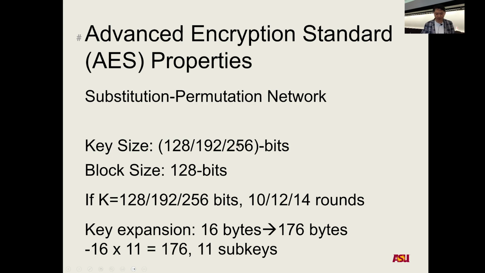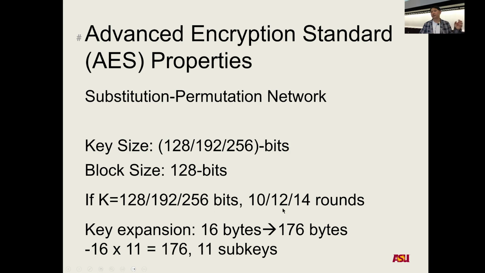So let's summarize the AES features here. We can call it a substitution and permutation network. The key size can be one of these three sizes, and block size is 128 bit, 16 bytes, right? If the key size is 128, there are 10 rounds, and key size 192, 12 rounds.